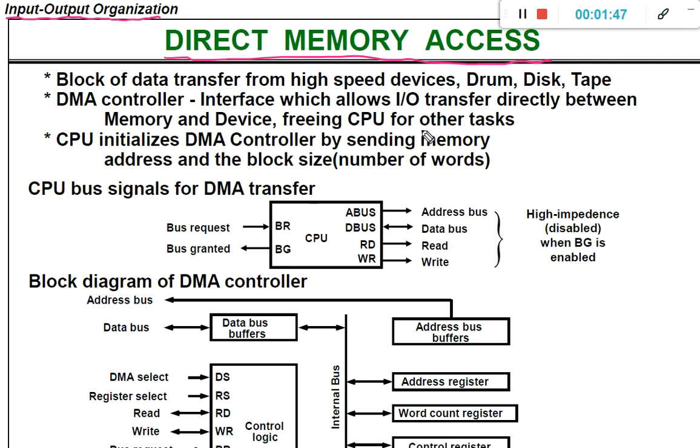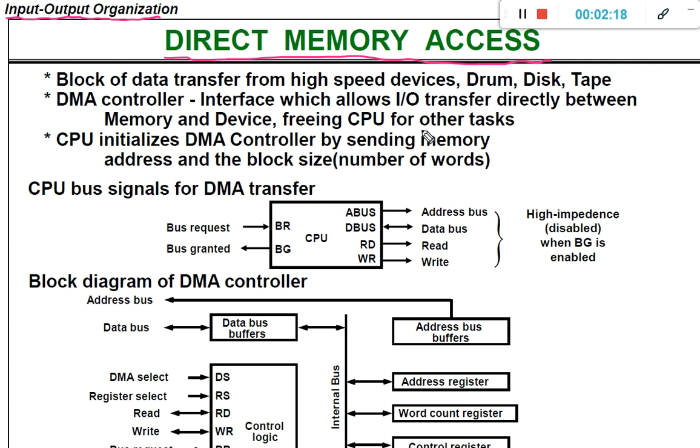So in both programmed I/O as well as interrupt initiated I/O, the CPU is idle during the data transmission. However, the actual work of the CPU is to execute instructions rather than performing I/O operations. So why don't we shift the work of data transmission from the CPU to some independent authority?